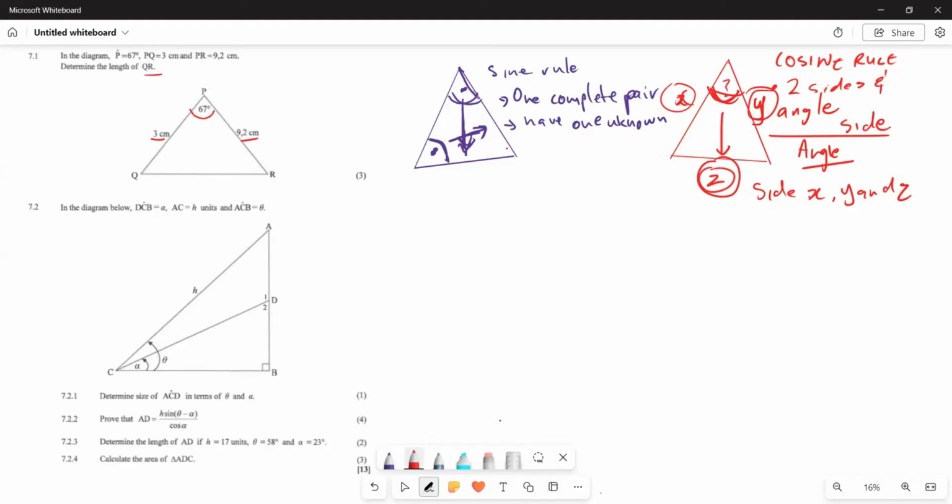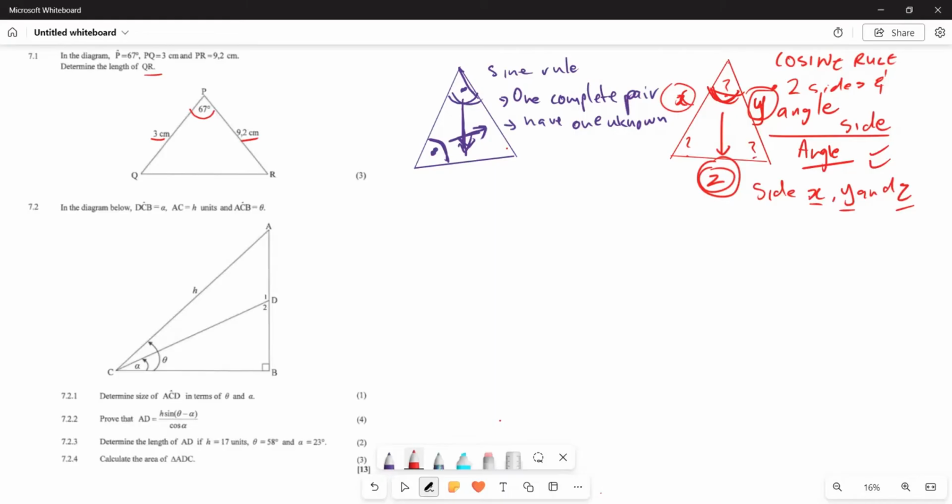Let's say they want you to calculate this, or they want you to calculate that, or they want you to calculate that. You can now calculate any of the angles, but the key issue here is that you must have all the sides. So this is going to be the rule for your angle.